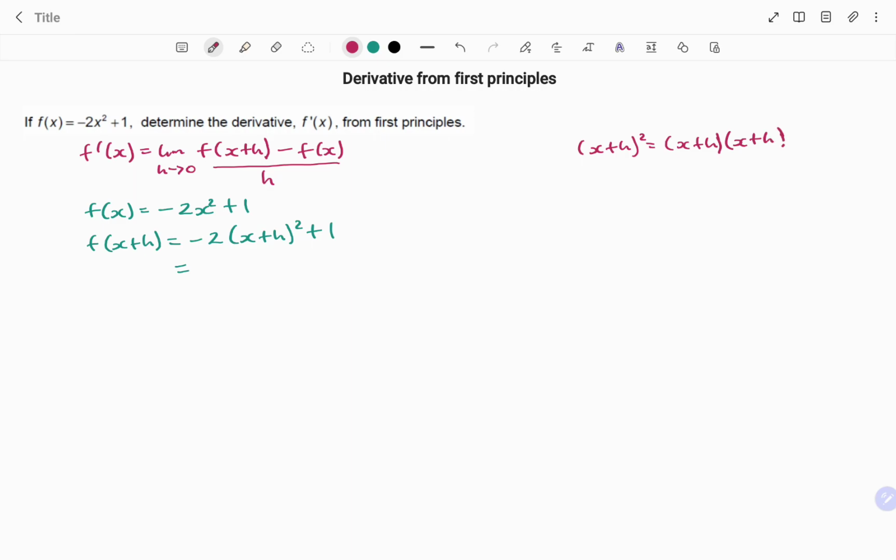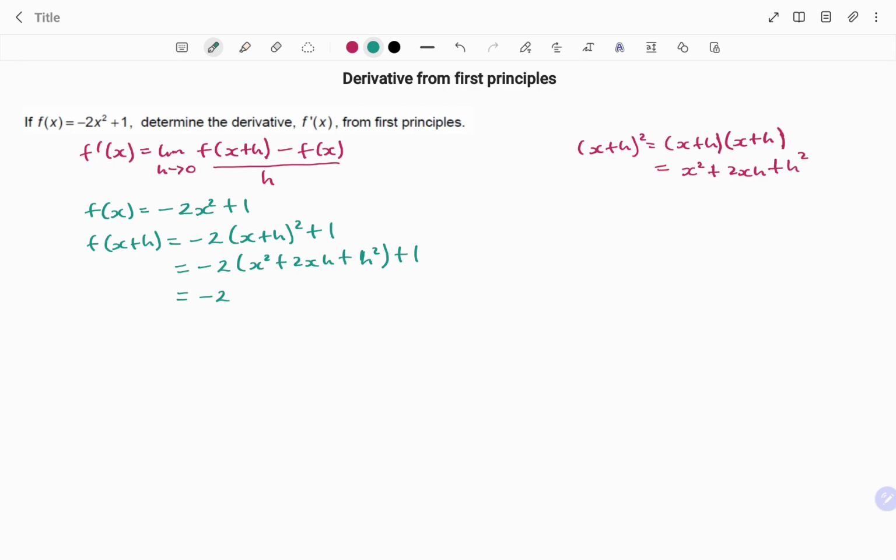And if I FOIL, I have that as x squared plus 2xh plus h squared. So if I slot that back into my question, I have minus 2 multiplying x squared plus 2xh plus h squared, close bracket, plus 1. I'm going to simplify that further.